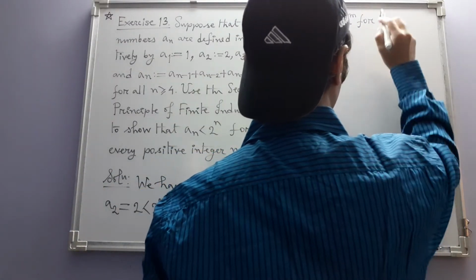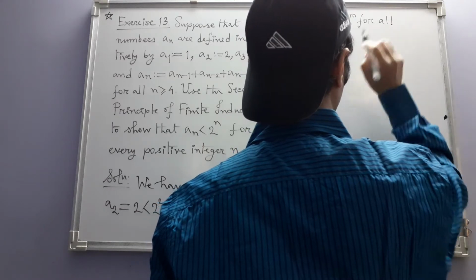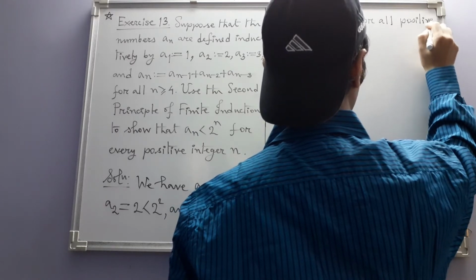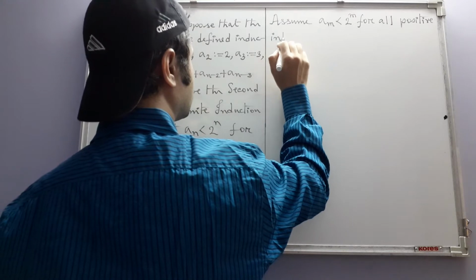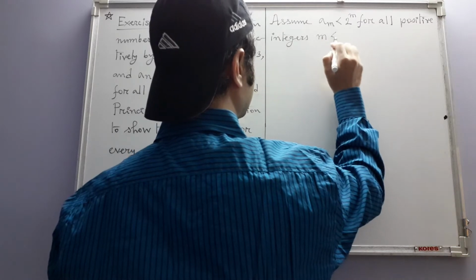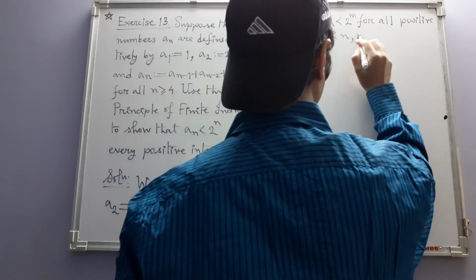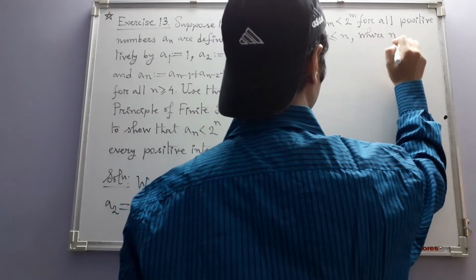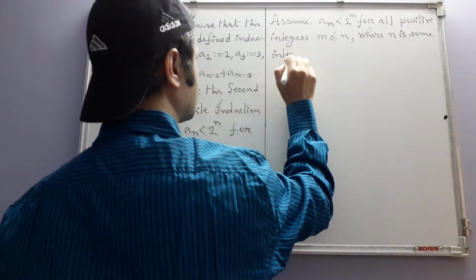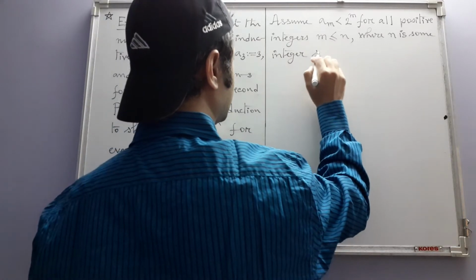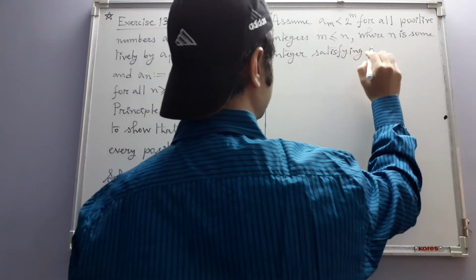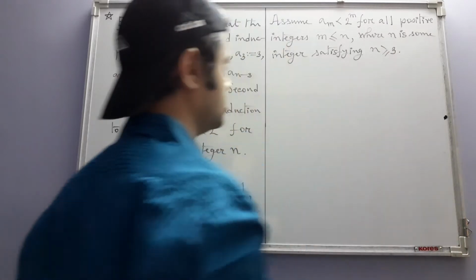So am is less than 2 to the power m for all positive integers m less than or equal to n, where n is some integer satisfying this.